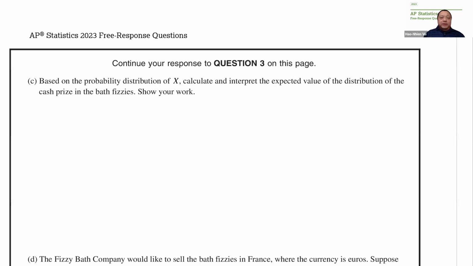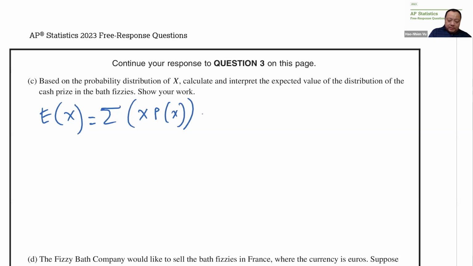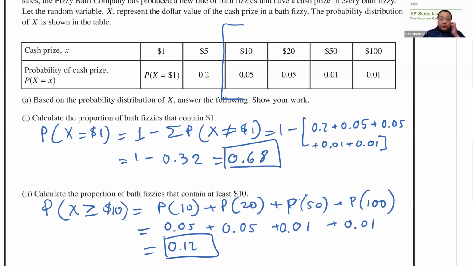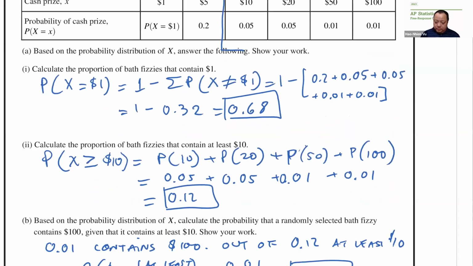Part C, based on the probability distribution of X, calculate and interpret the expected value of the cash prize in the bath fizzies. The expected value of X is equal to the sum of X times probability of X. Just plug in all the numbers. So all the numbers are here with the 0.68 here going into the box of $1.